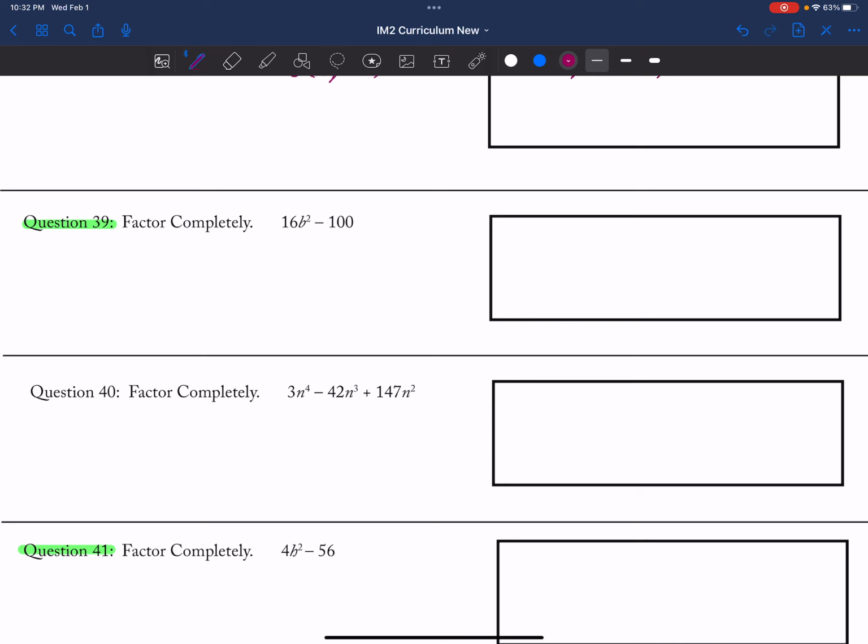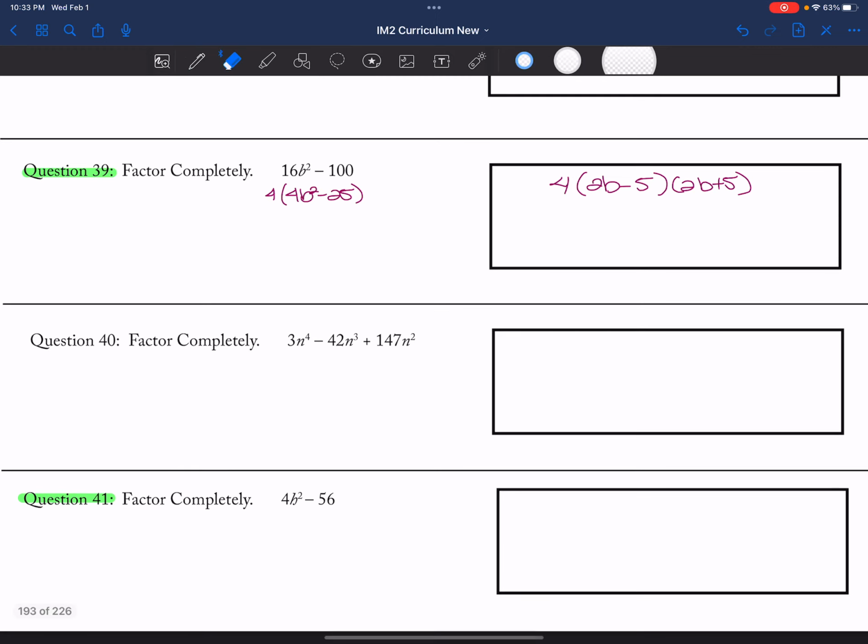4. So 4 and 25. So that's 4B squared minus 25. Okay. So 4, just kidding. 2B minus 5 and 2B plus 5.